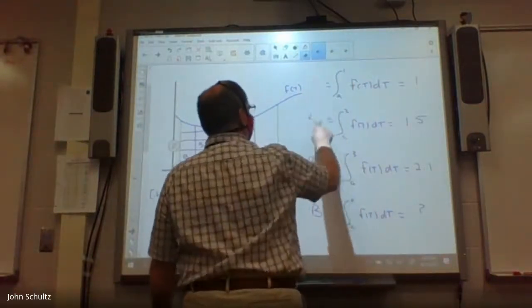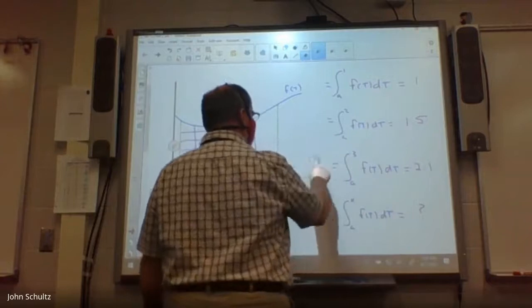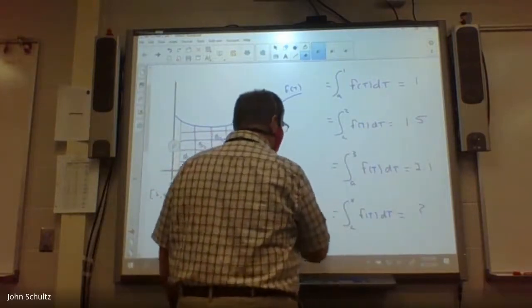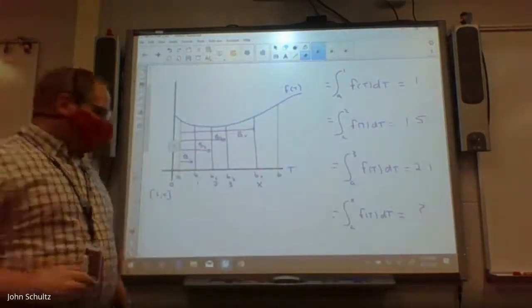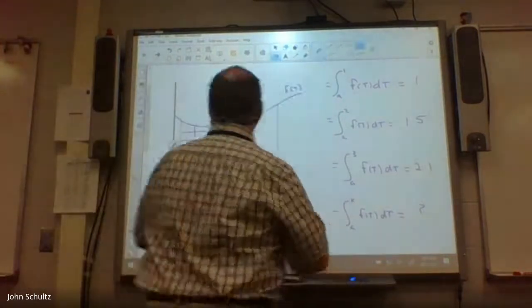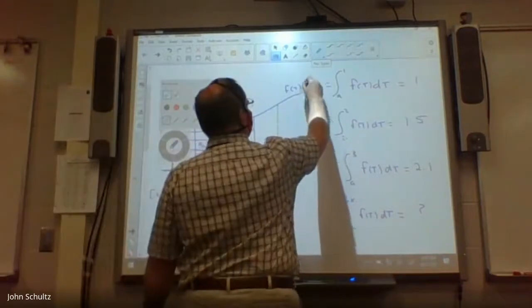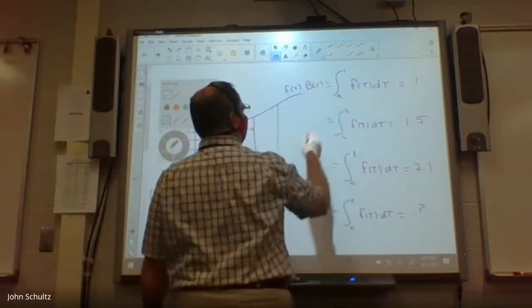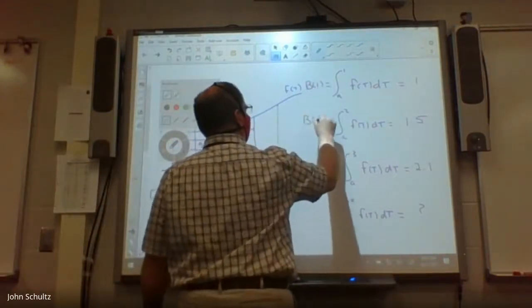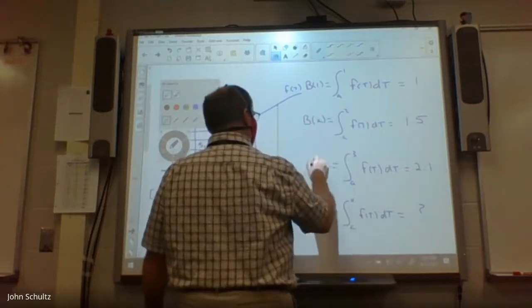So obviously here I can still do it. But now I'm going to say, hey, this is really a function. If it's a function, can I use function notation instead? Sure. What can I call this? I could call this big B of 1. This one would be big B of 2. This would be big B of 3.